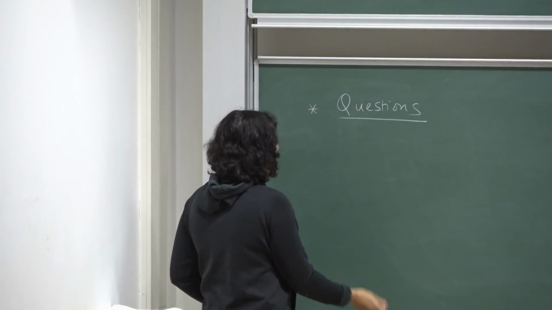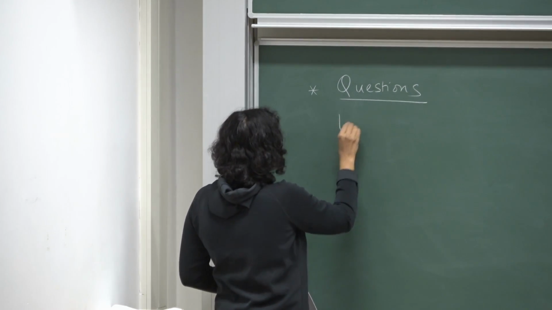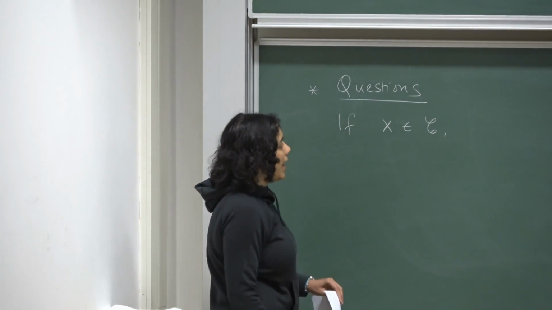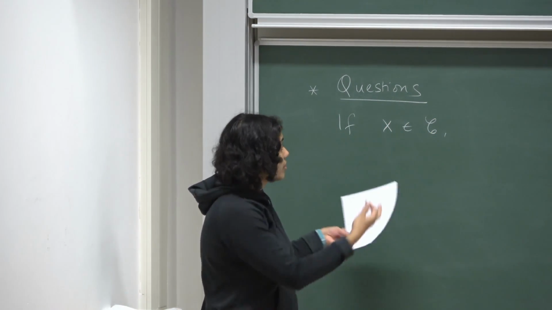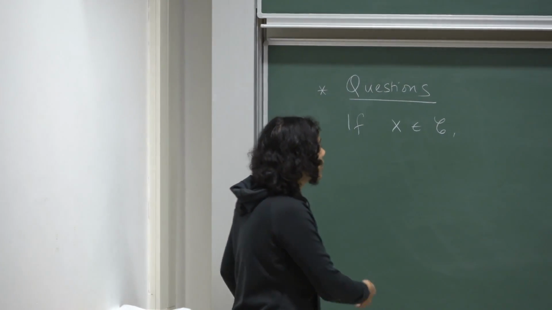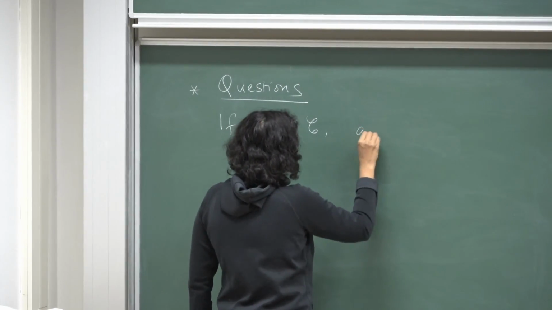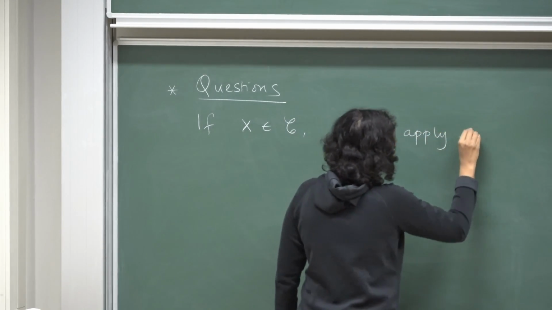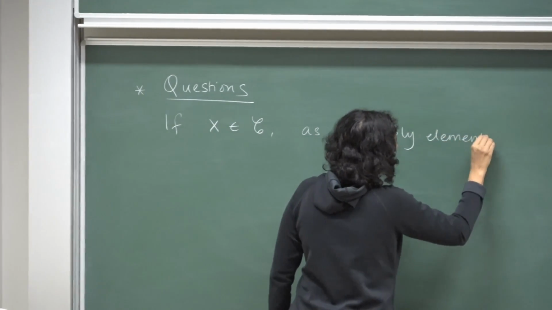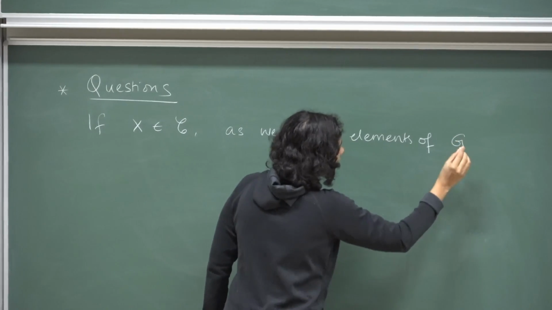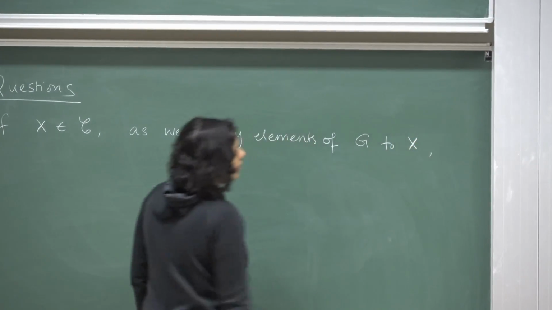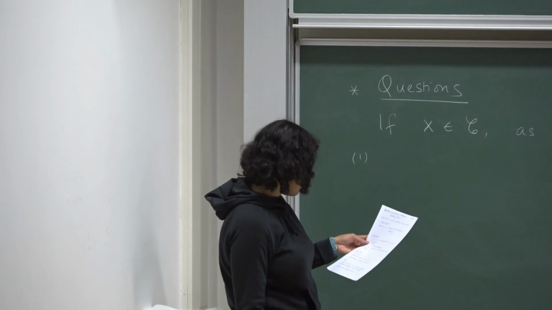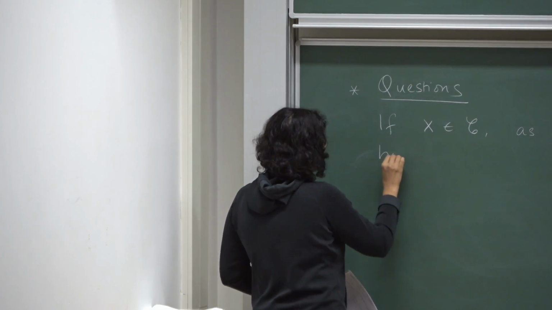If you have an object x in your category, and you apply group elements to it, since the group acts on the category, it acts on the objects. Here are some possible questions.